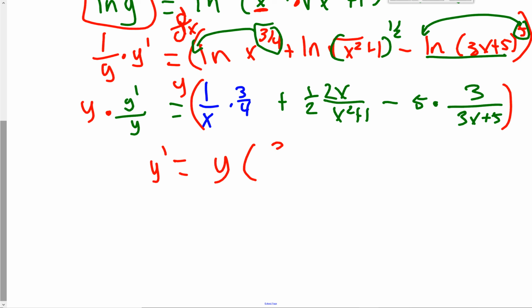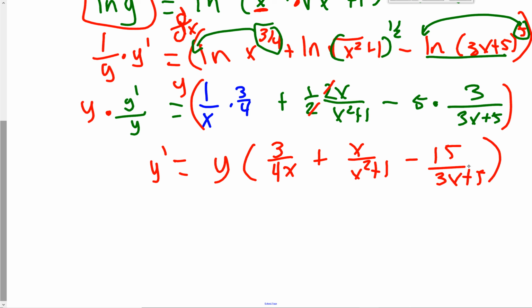I get 3/4, and x is on bottom here. These 2's would cancel. This is just multiplying. So I get x over x squared plus 1. Then here, I just have negative 15 over 3x plus 5.